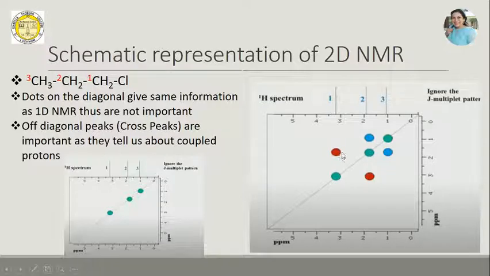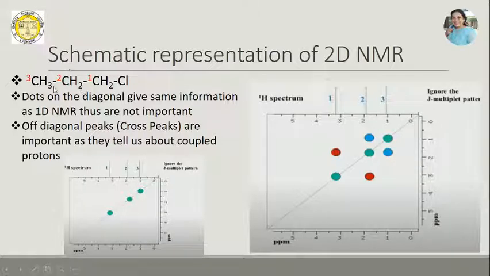Similarly, the red dot is showing me that proton 2 is coupled with proton 1. So that means proton 2 on one side is coupled to proton 1 and on the other side is coupled to proton 3. So it is sandwiched between proton 3 and proton 1, and that is the information which I get from this proton spectrum.